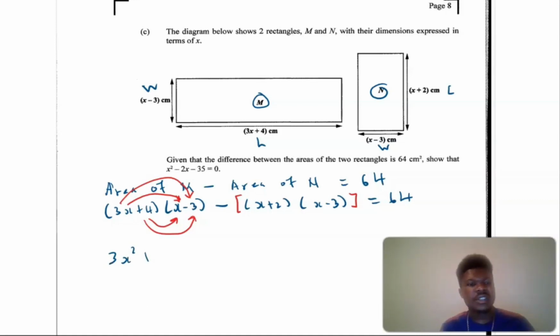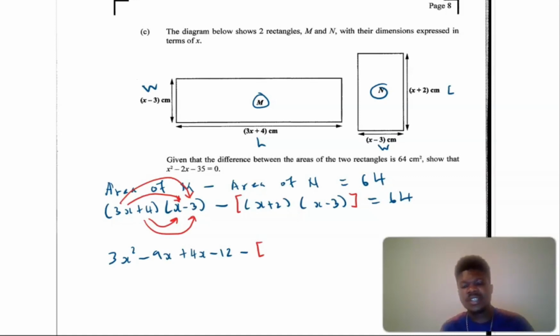And then 3x times minus 3 gives us minus 9x. Now we go to 4 times x, 4x. 4 times minus 3 is minus 12. Bring up minus here, and keep a correct bracket.